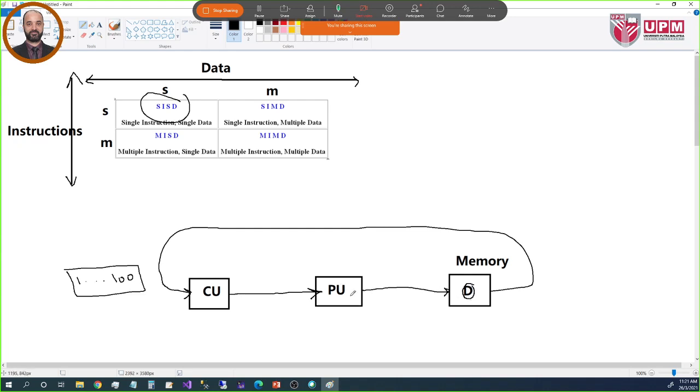Then after it finishes, maybe the result could be passed to the second instruction, or maybe the second instruction is not related to the first one, so it can come to the control unit, be processed by the PU, and after that it could read or write some data, which is also single data, and so on until it finishes. So this is the structure of the first one, or how it works.